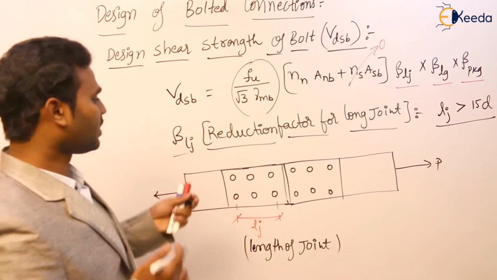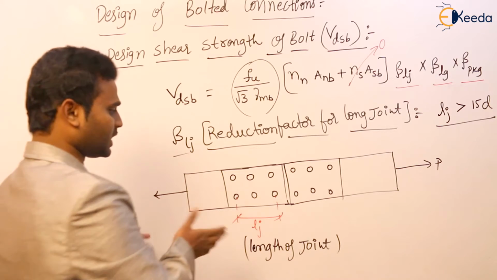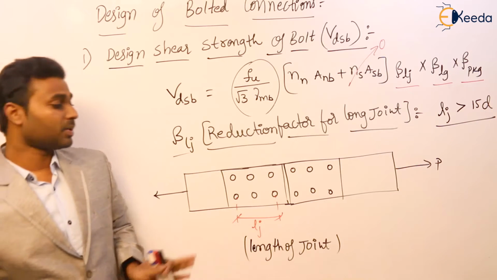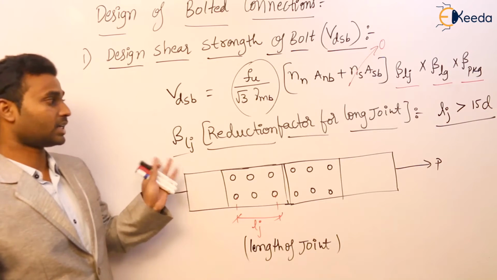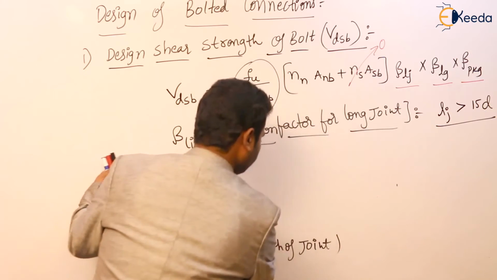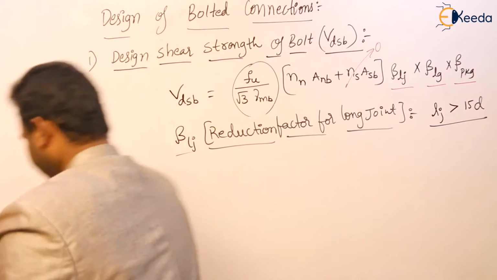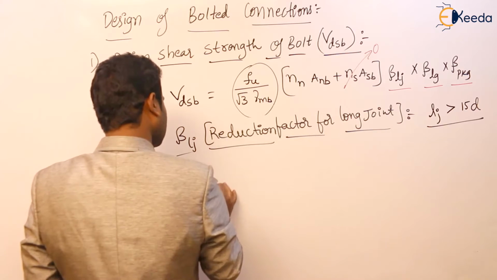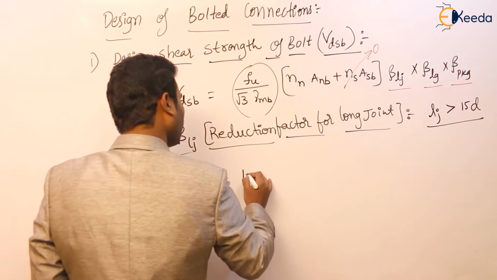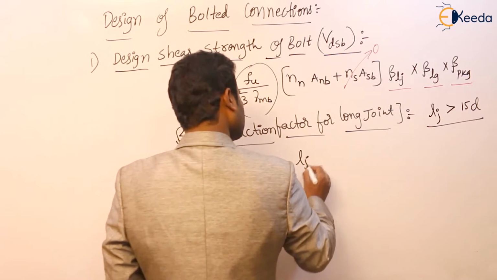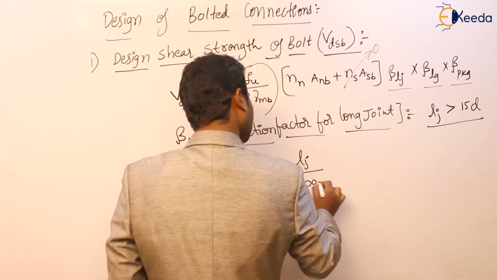Now the formula for this is given in the code. So first take this diagram. The formula mentioned for the reduction factor for long joint is given in the code. Beta Lj is equal to 1.075 minus Lj by 200D.